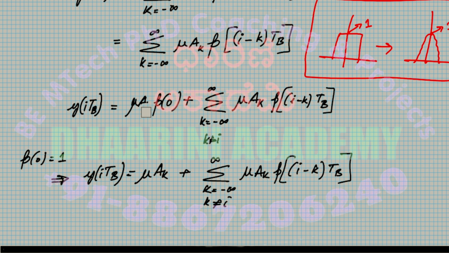That's why this is not ak, because you substitute k equal to i, correct? So I made a mistake. This is actually ai, and this is also ai, because I'm substituting k equal to i.